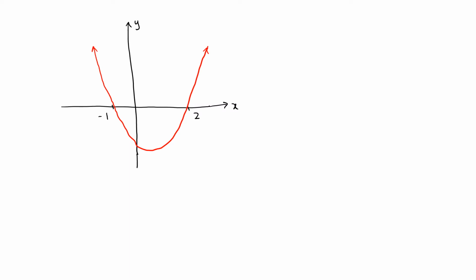What the inequality says is that x squared minus x minus 2 has to be negative. So this is simply the y value. It says that the y value has to be negative, and it's very clear that in this part from -1 to 2, the function's y value is negative.